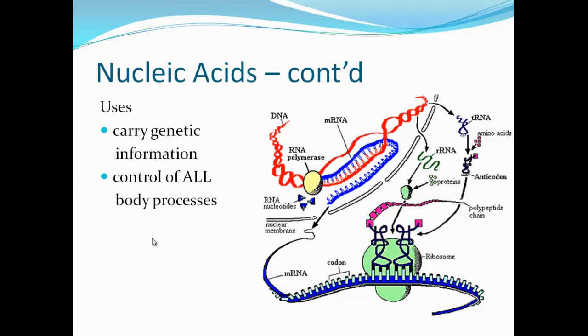This controls all of body processes, okay? But keep in mind that every single aspect of the way you look and arguably the way that you act in some cases is controlled by your genetic information, which comes straight from DNA.